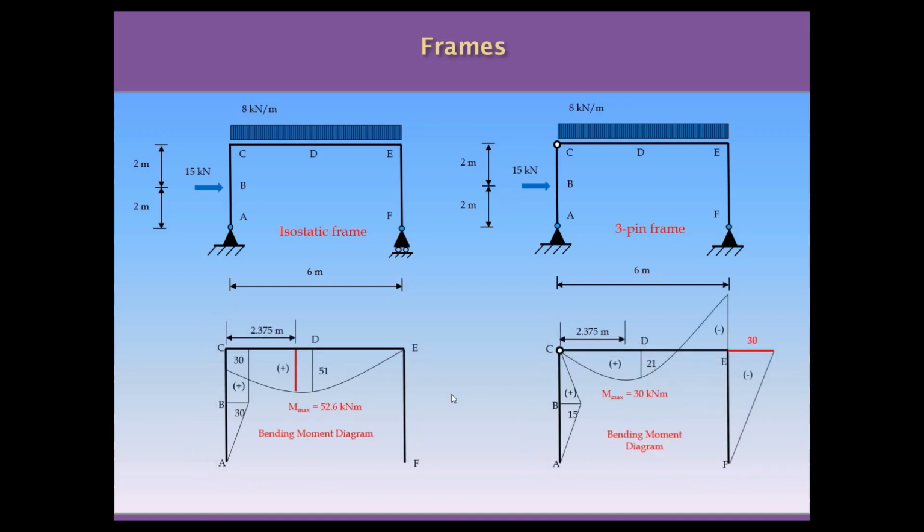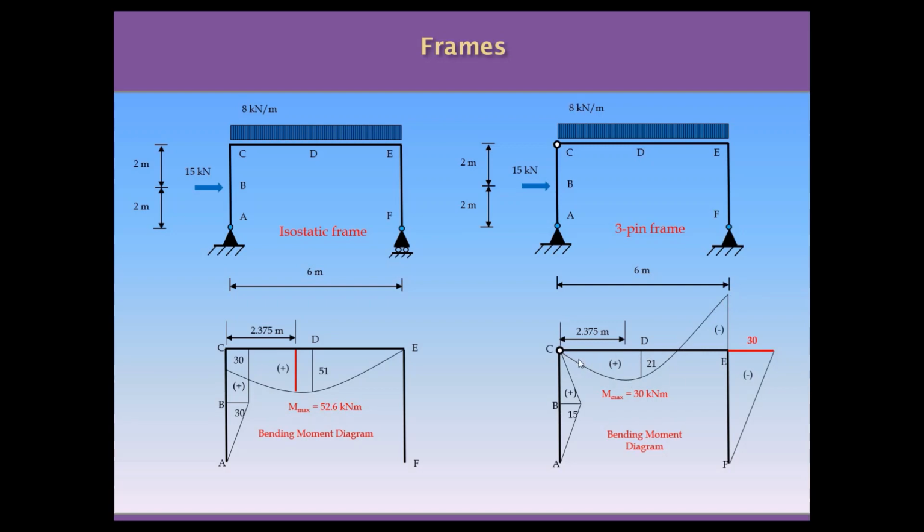If we compare the distribution of moment of these two structures, we notice that in the first case we have only positive moments, and we have a big moment. The maximum moment is 52.6 kilonewton meters. And in the three-pin frame, we have changed the distribution of the moment. For example, in the first column from A to C there is less moment than in the simple supported frame.